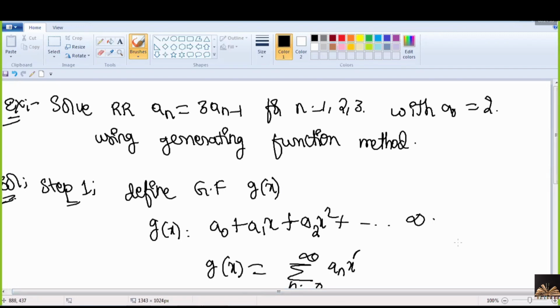Now the second step is to consider the recurrence relation and make some modifications to it, so as to get it in the form a0 plus a1x plus and so on, or summation of n equal to 0 to infinity an into x power n.